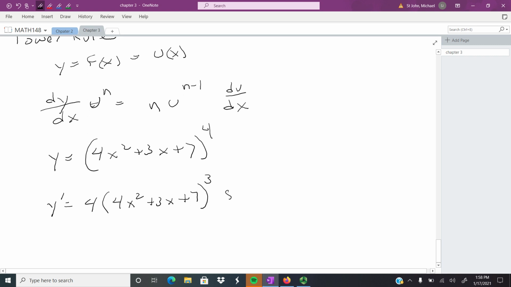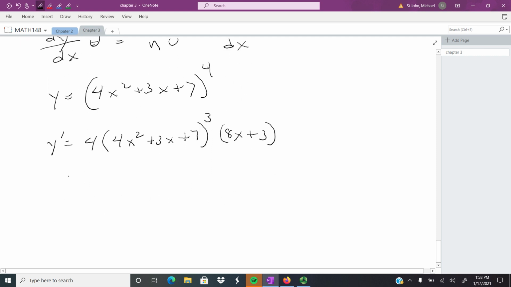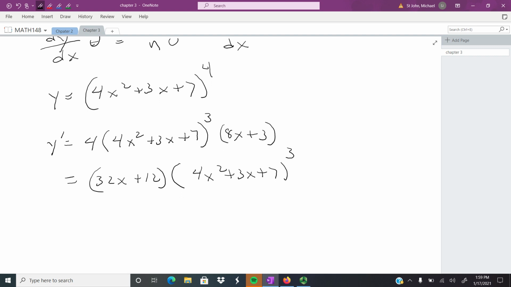So this gives me the 8x plus 3. And then here I could do a little simplifying, because I could do the 4 times that 8x plus 3. And so this would give me 32x plus 12 times the 4x squared plus 3x plus 7 cubed.